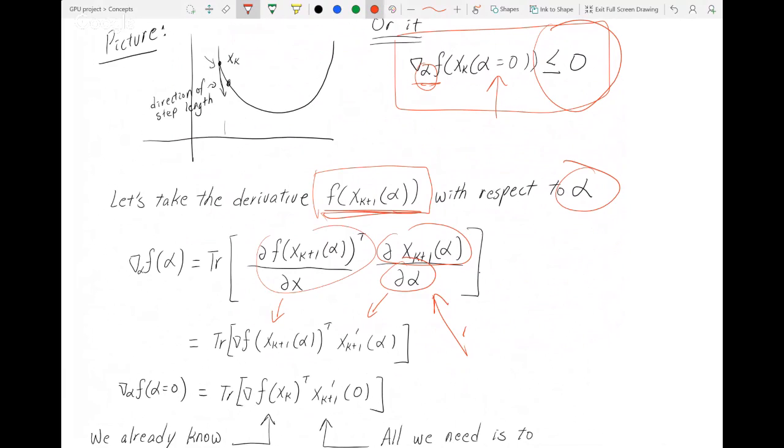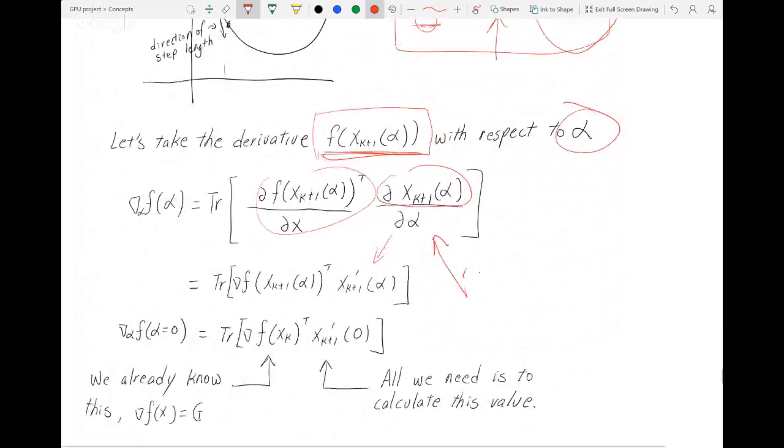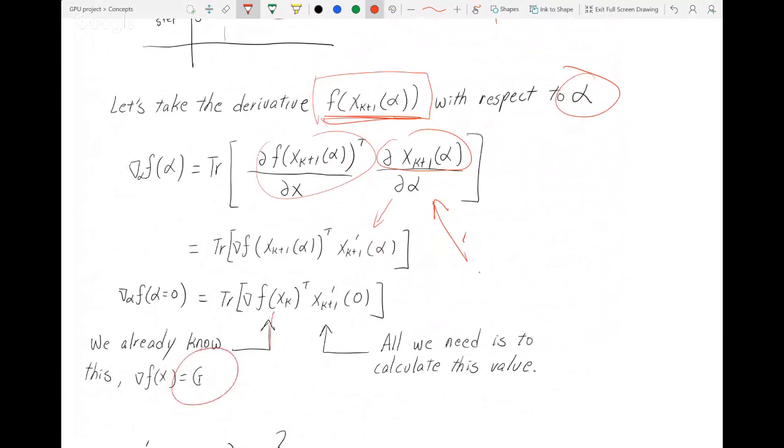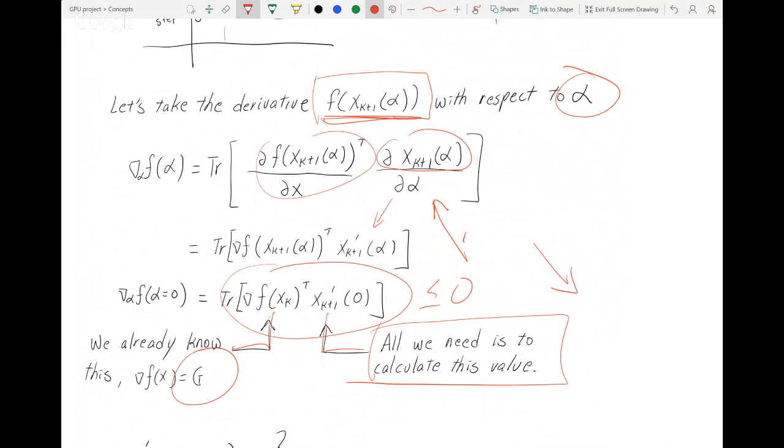So this is literally the same thing as this, just written in a more compact form. And this right here is equal to this. Like I said, this right here is just g. And this right here is what we need to find. Now, if we can find both these two terms, multiply them together, and if they're less than 0, this means that the direction is going down.